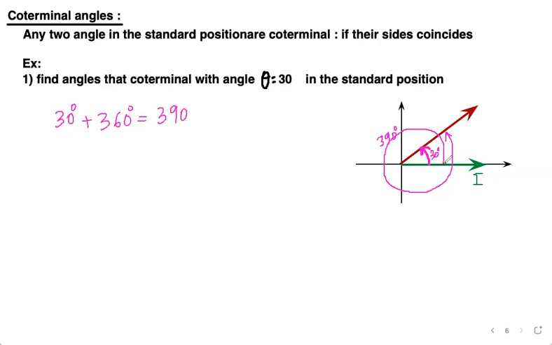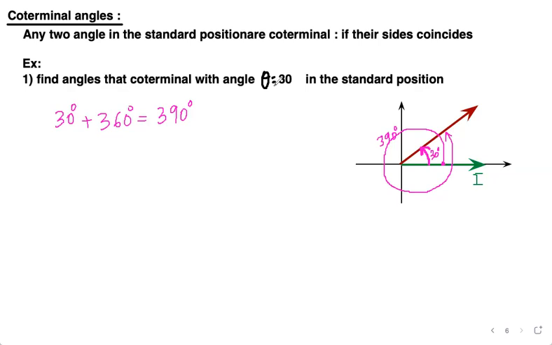Again, I start from the initial side, rotate around the Cartesian plane until this point, then I get 360. Then I have to add 30 by moving a little bit up, and I will get 390. So this angle is actually a coterminal angle to the angle theta.